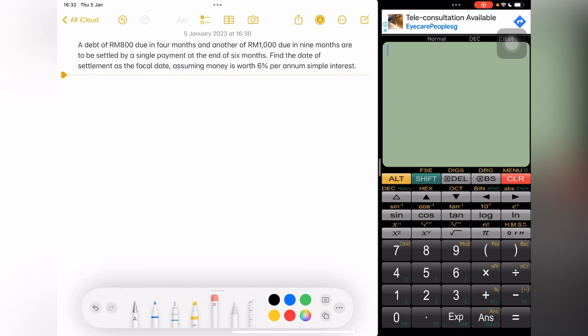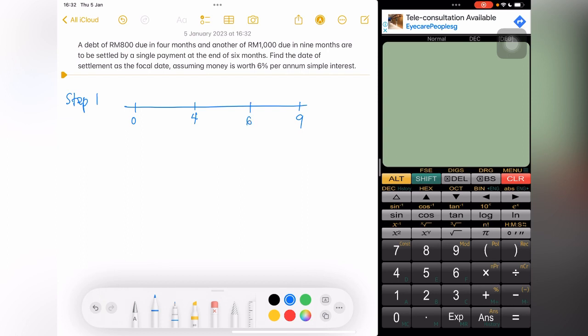Okay, first thing first, kalau dalam konteks ni, step yang pertama kita kena buat diagram. Okay, as usual dalam diagram ni kita ada 4 point, iaitu 0, bulan yang keempat, bulan yang ke-9 dan bulan yang ke-6.